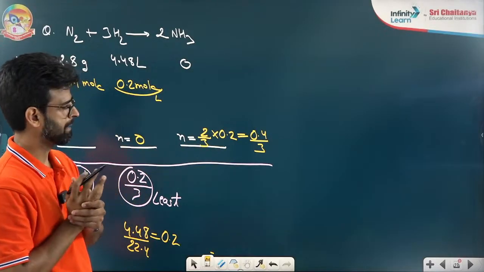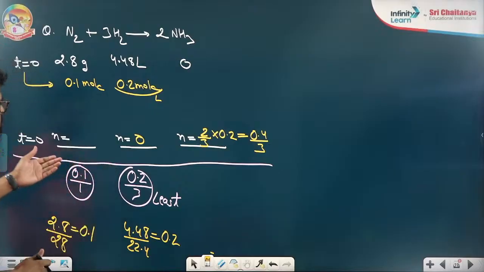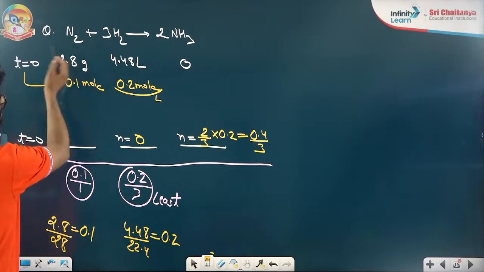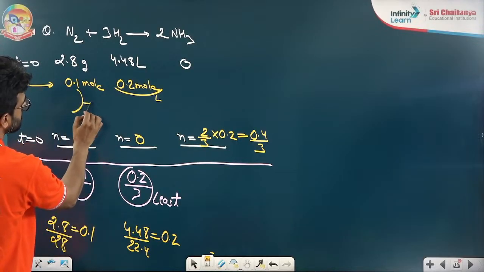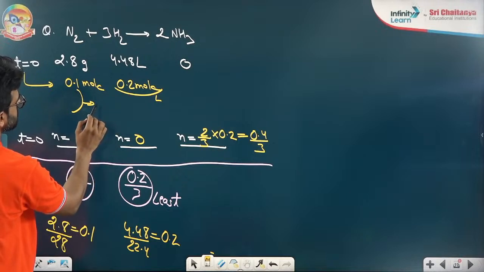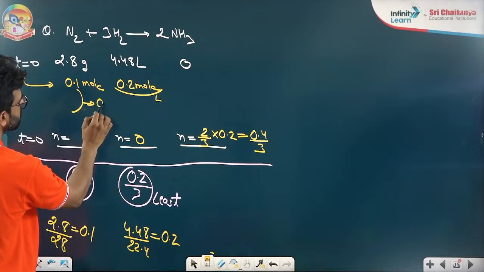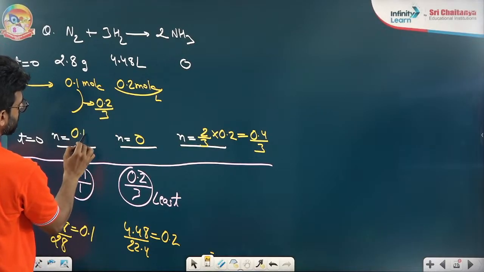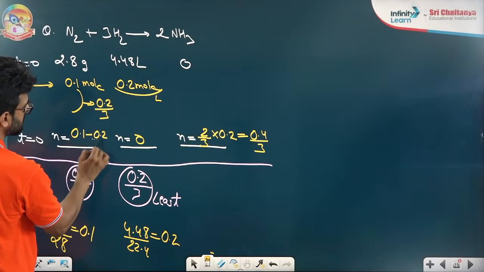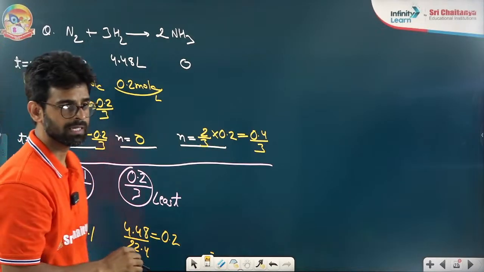Now if you want to find how much will be left, same thing. 3 consume 1, so 0.2 consumes 0.2 by 3, unitary method. So how much do we have left here? 0.1 minus 0.2 by 3, because it is consumed.